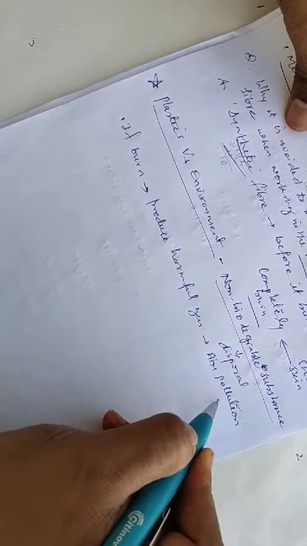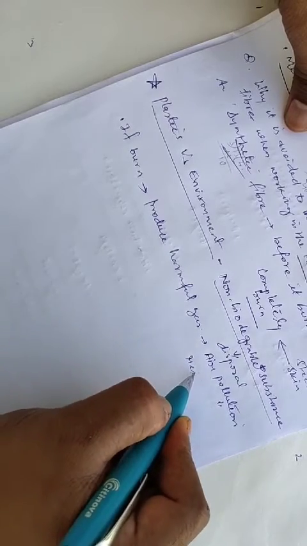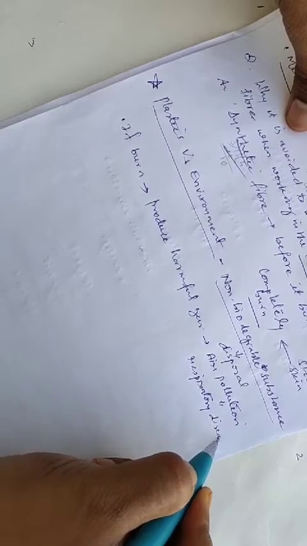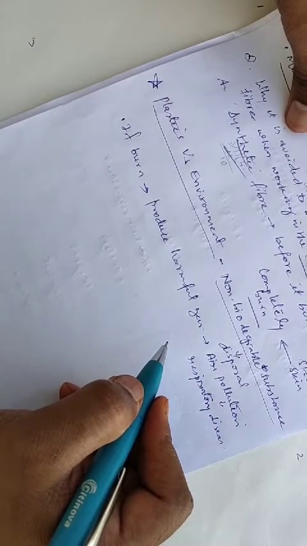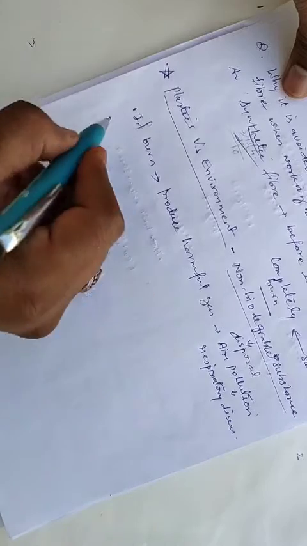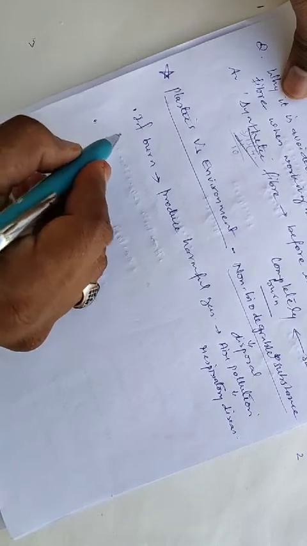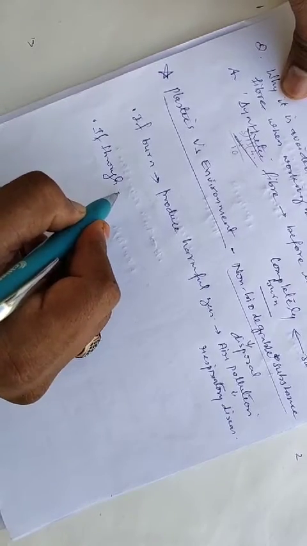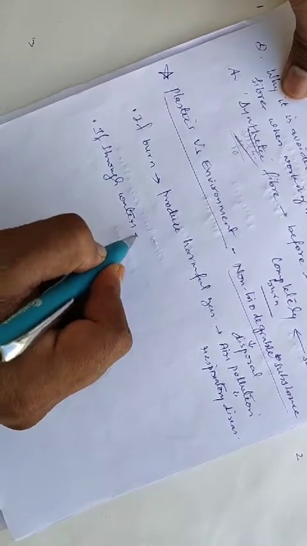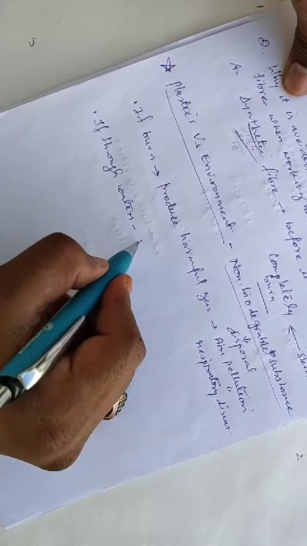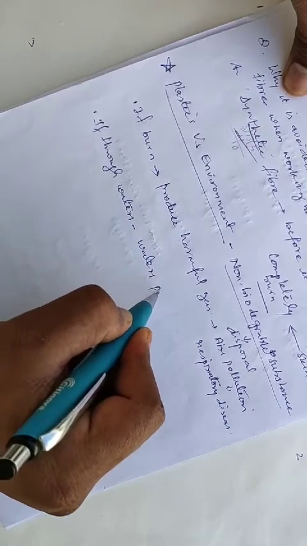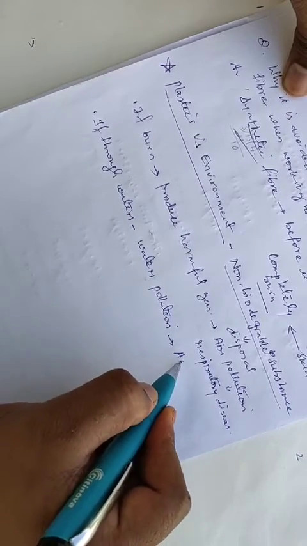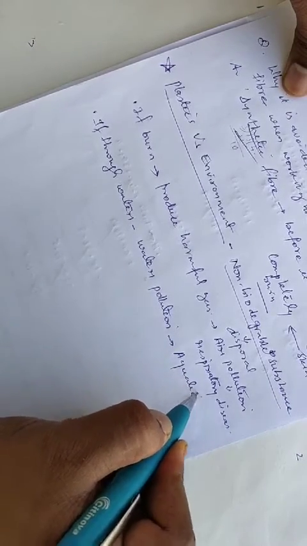When air pollution is there, we will face problems with the respiratory organs, or respiratory disease will be caused by air pollution. Clear? Now, next, if we throw it in the water, then what will happen? It may cause water pollution. Then aquatic life will die. Aquatic animals will die.